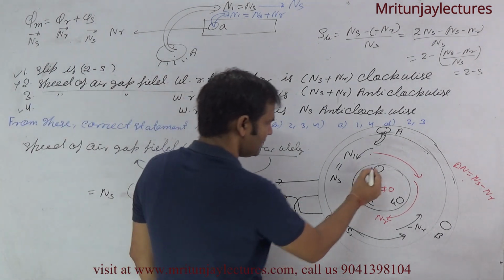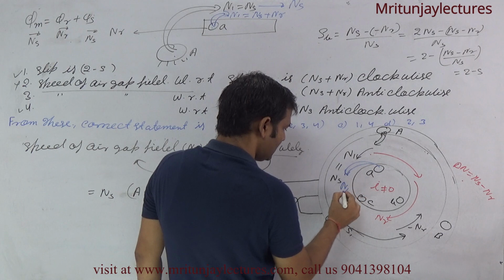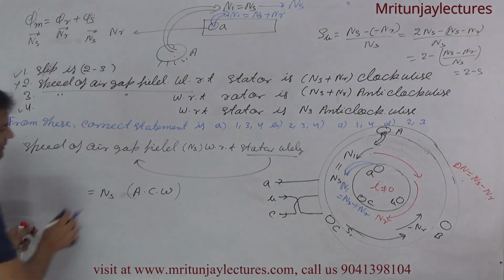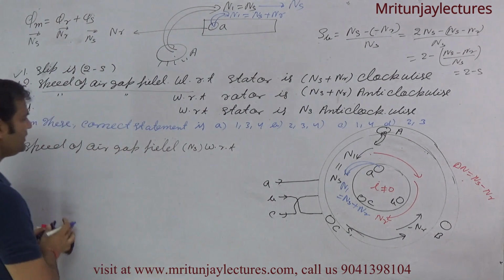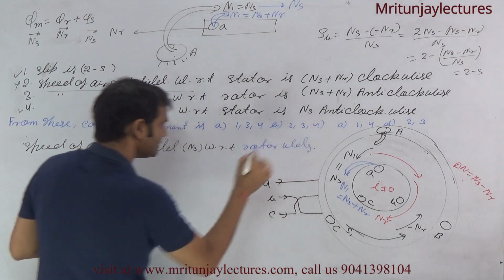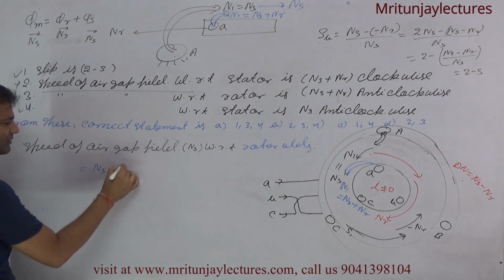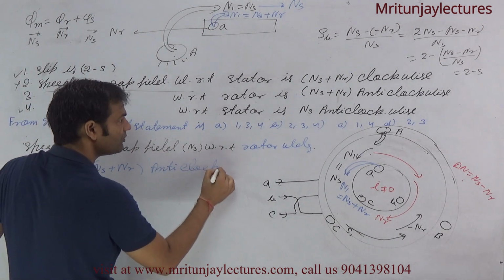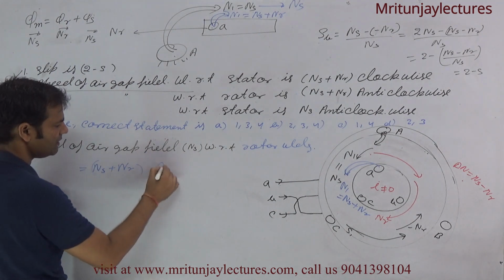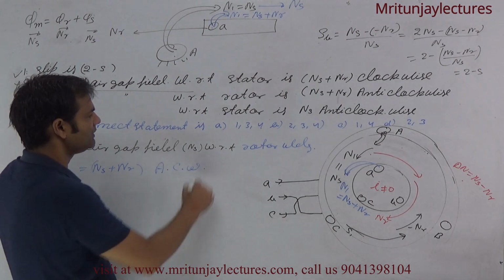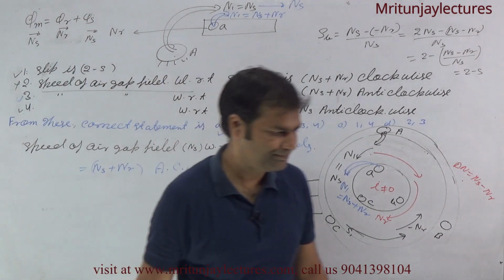Means if you sit here and see N1 moving, it is NS plus NR. So the speed of the air gap field with respect to the rotor winding is NS plus NR anticlockwise, clear. So which one is correct? 3. So 1, 3, 4 is correct. Option A is the correct option, okay, make it.